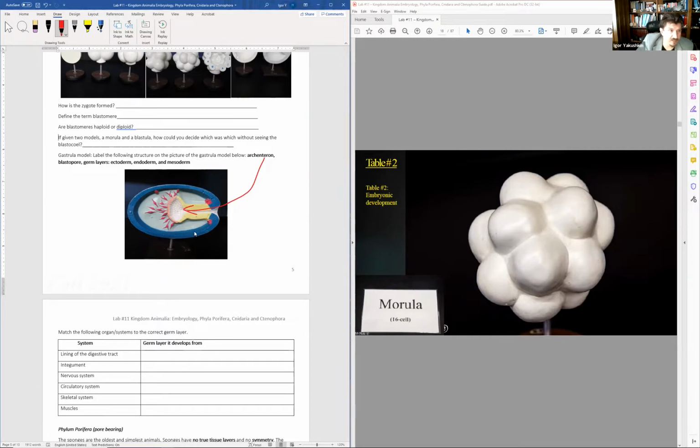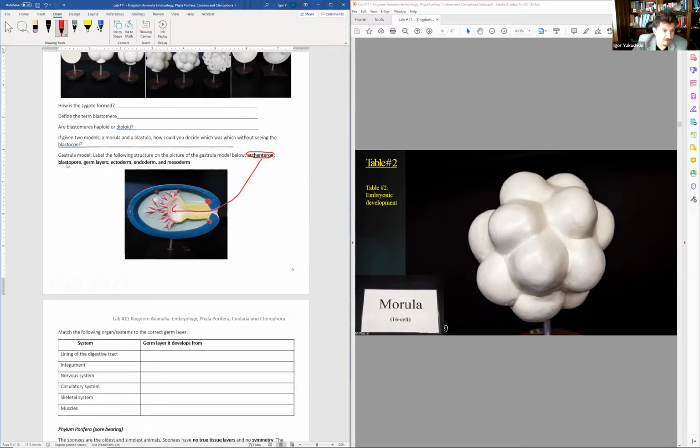But some of you do straight lines, which are much easier to see, because sometimes people do something like this, and then it's kind of hard for me to figure out where exactly that line is pointing, or at least use different colors. I've had students do something like that. For example, the archenteron, and then it goes right there.